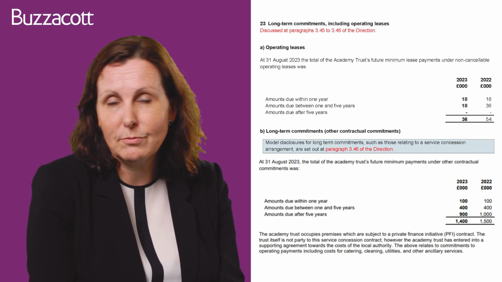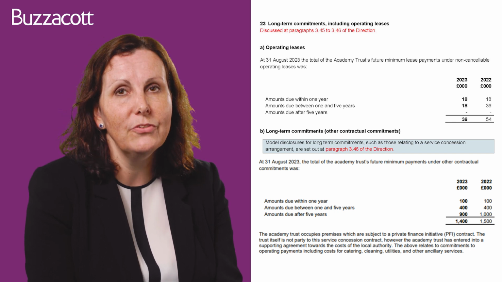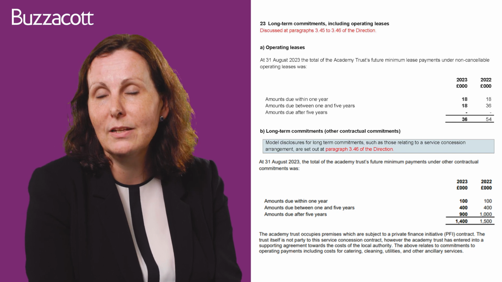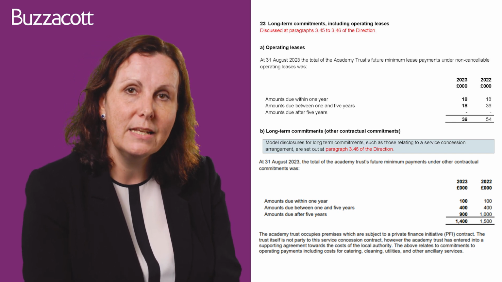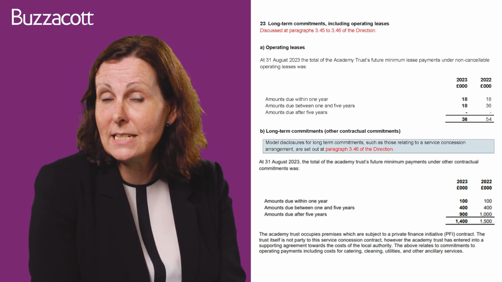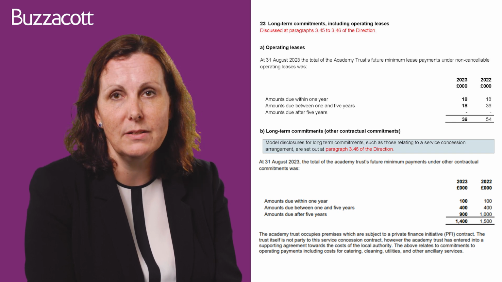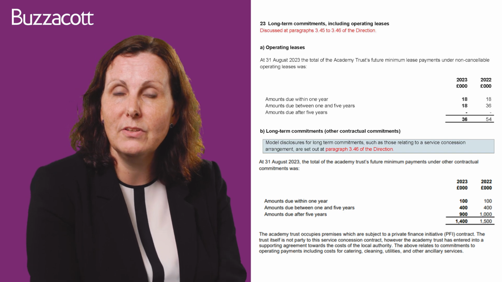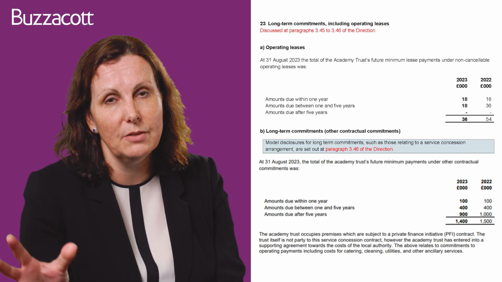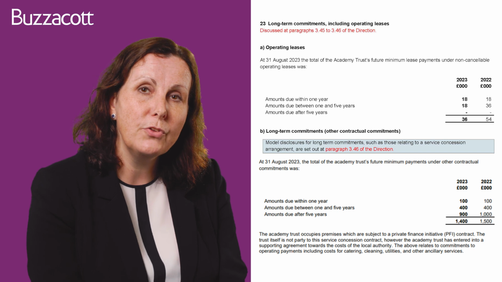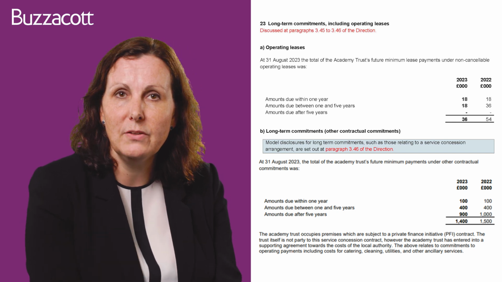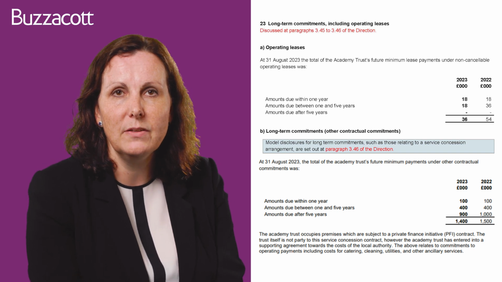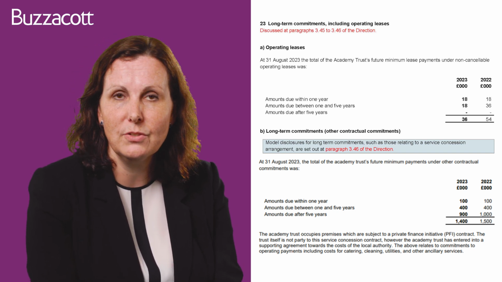Very common across trusts, but probably not significantly material in most trusts, but nevertheless, giving the total operating lease commitments needs to be included within here, together with any longer term commitment. So might be much more material, for example, PFI schemes, and where there's a significant cost over a significant period of time. So the trust's future minimum payments under those schemes required, so the total future payments disclosed within the notes to the accounts.